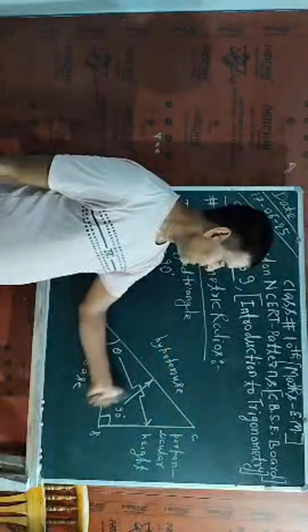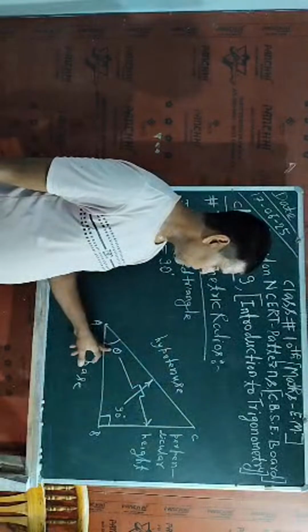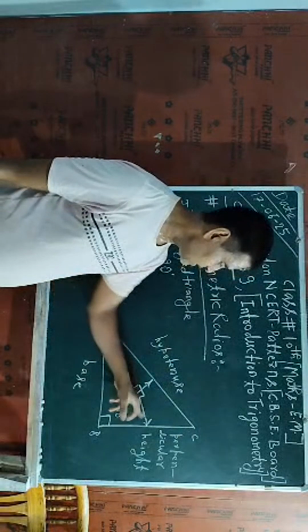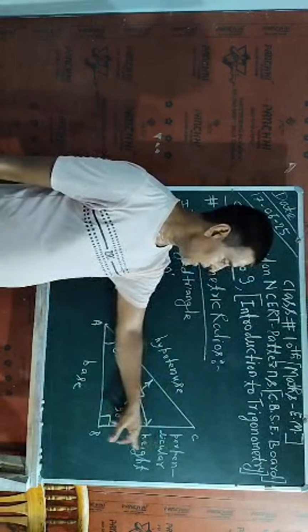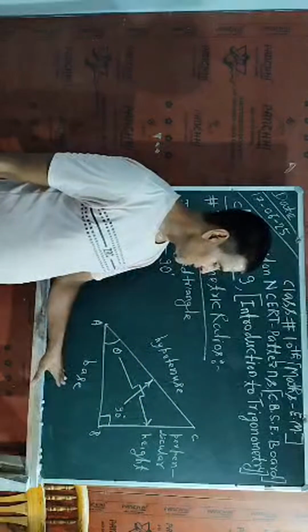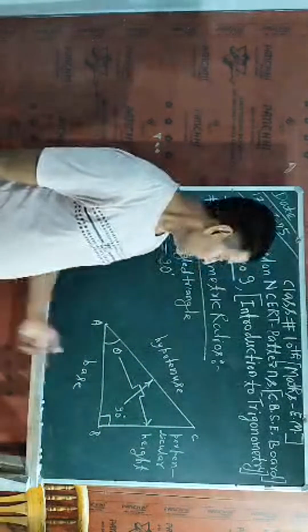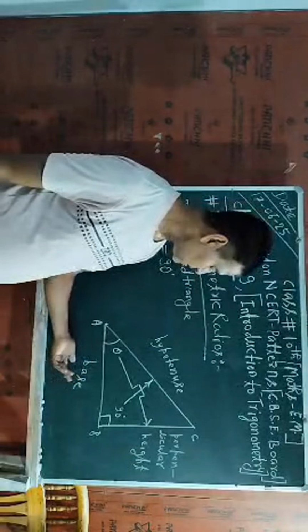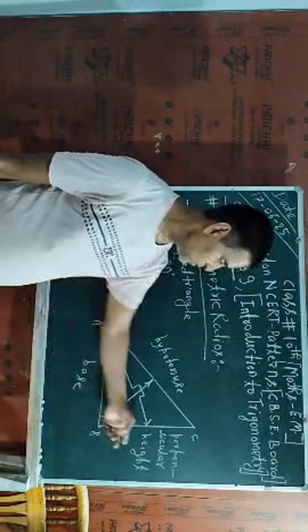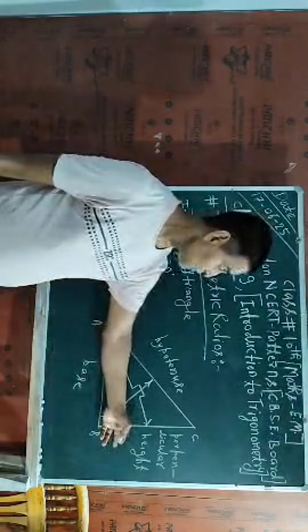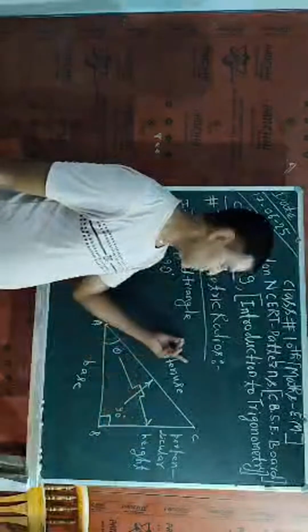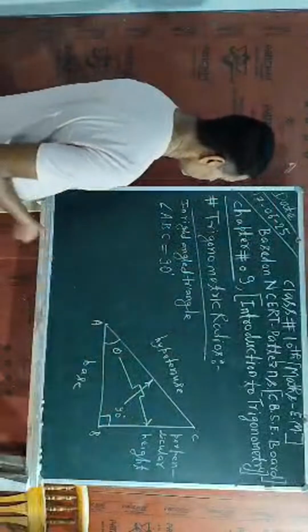Now one angle is 90 degrees, and another angle I am going to say here theta. So along this I have to take perpendicular height, and the remaining side I will say base. In Hindi, this will be Aadhar and this will be Uchai. Okay, so this is the information you have to write.